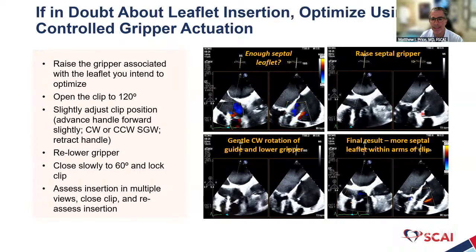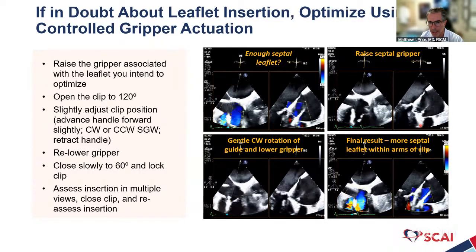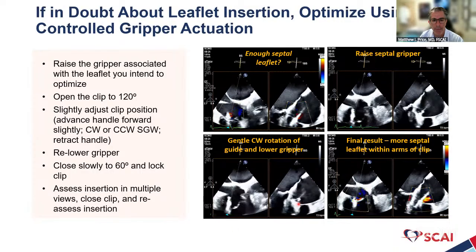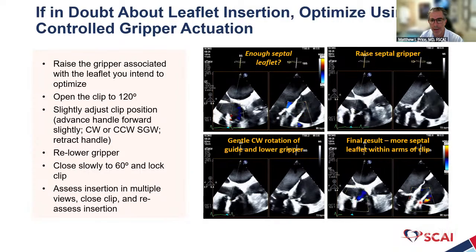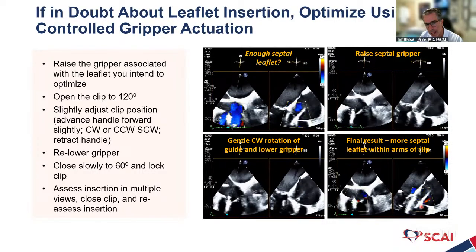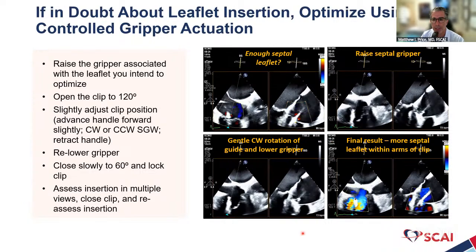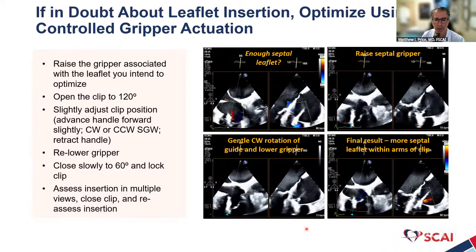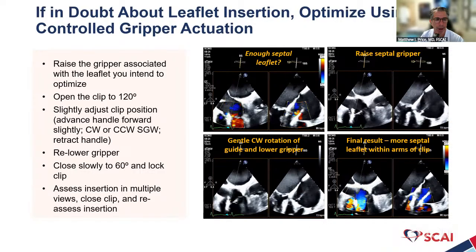I advanced the clip system, I advanced the handle just a little bit, clocked the guide gently, and then re-dropped the septal gripper and closed slowly. And you see here, although this is a color image, so the resolution isn't the greatest, I do have a bit more septal leaflet now than I did before. So small movements with control gripper actuation will help you optimize. And when in doubt, optimize.